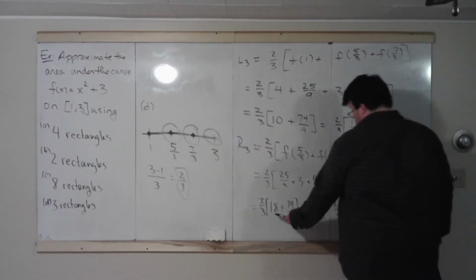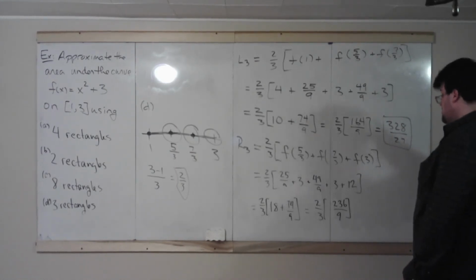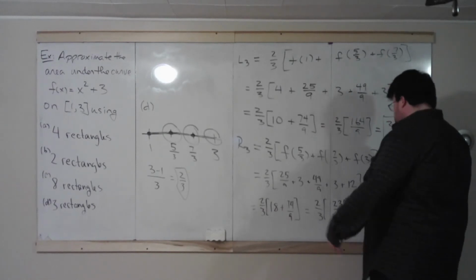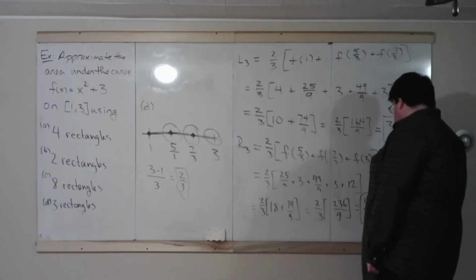So 162 plus 74/9 gives you 236/9. And 236 times 2 is what? 472. All over 27.